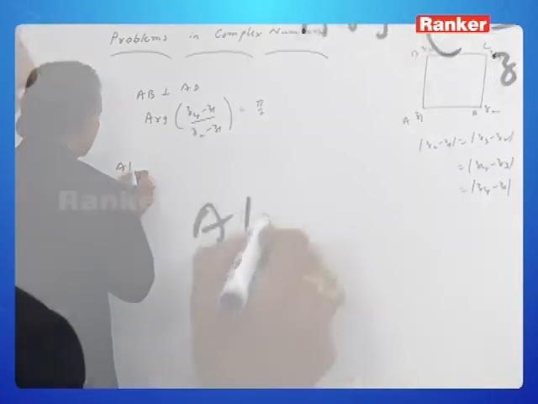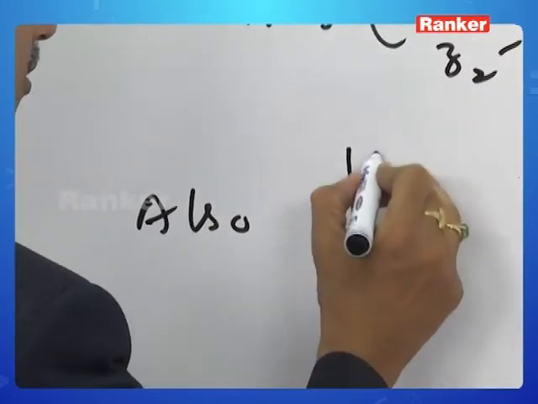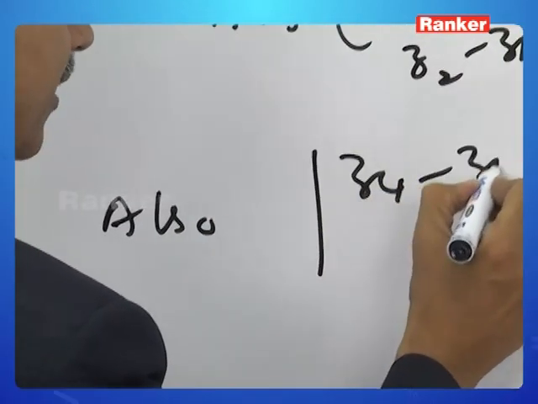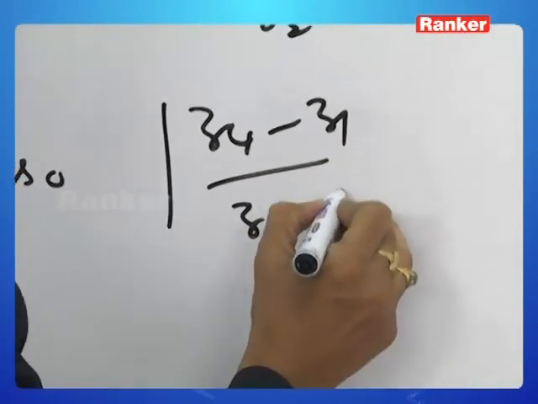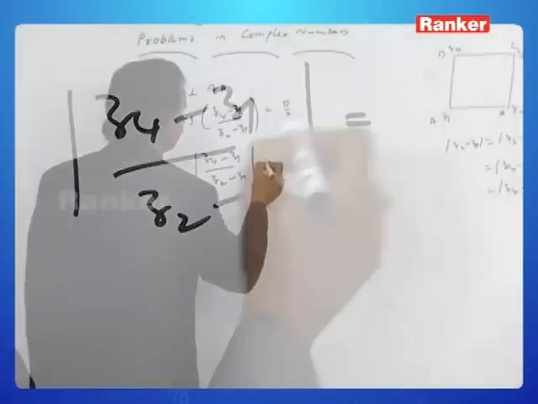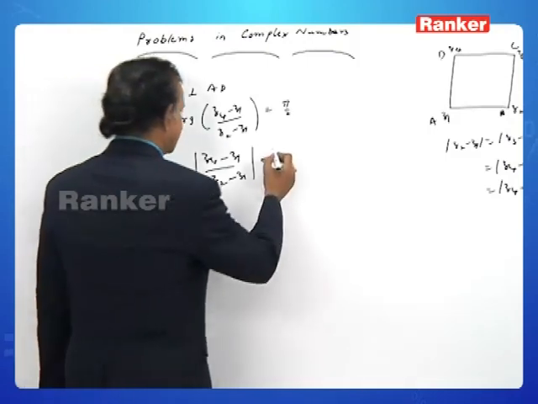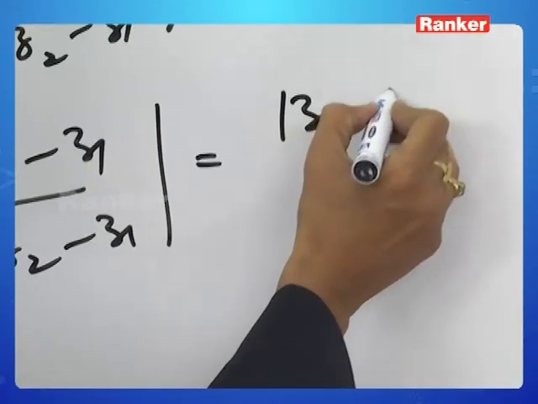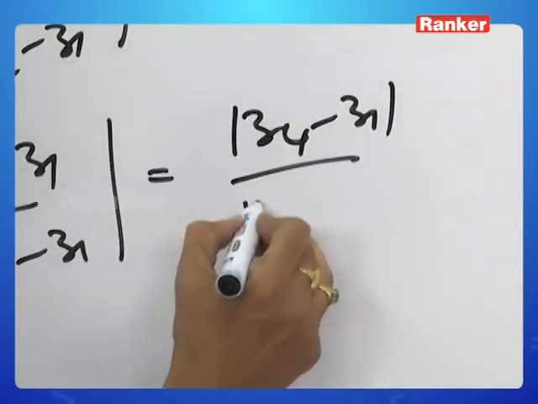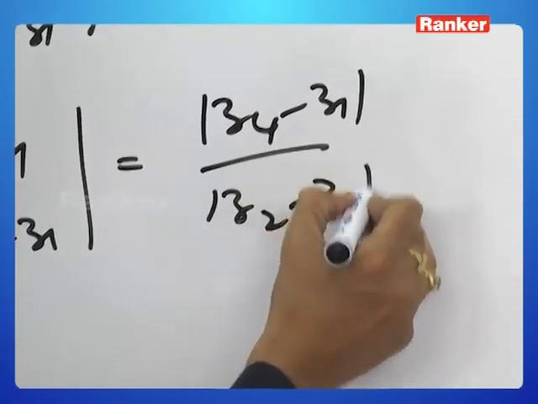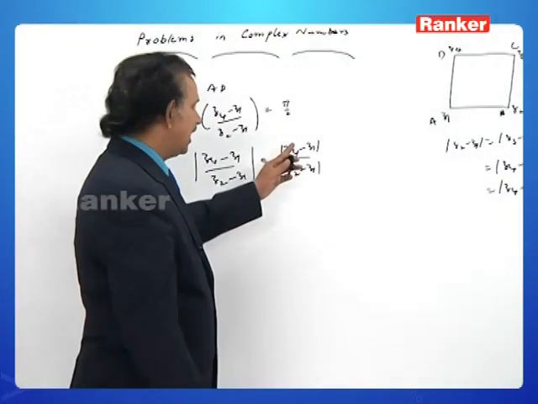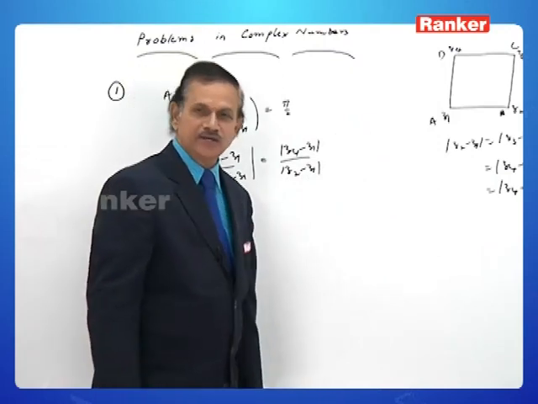Also, modulus of (Z4 minus Z1) by (Z2 minus Z1). How can it be? This is nothing but mod Z4 minus Z1 by mod Z2 minus Z1. You see, these are the lengths of the sides AD and AB.